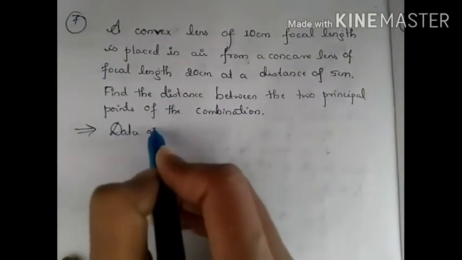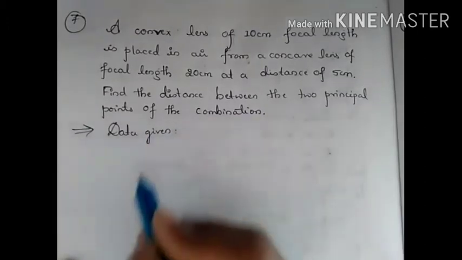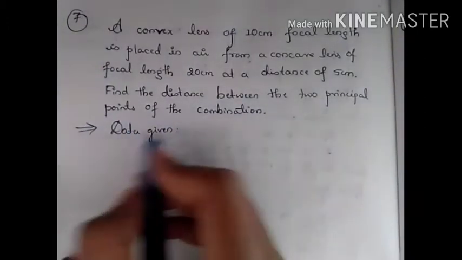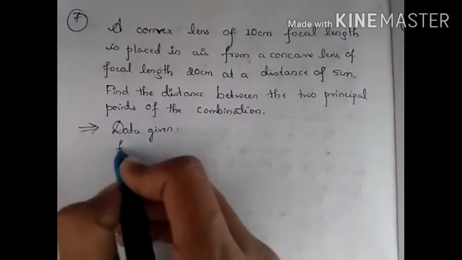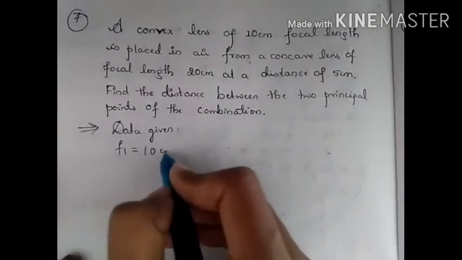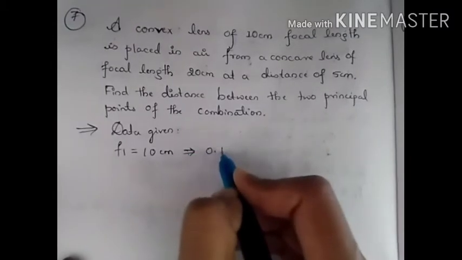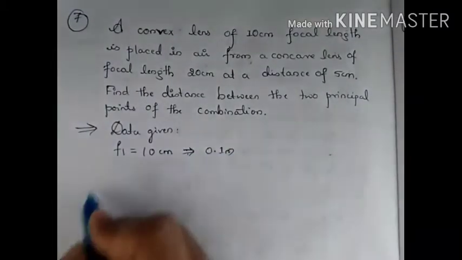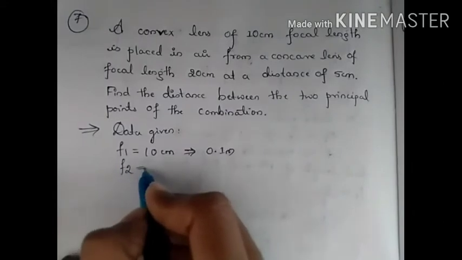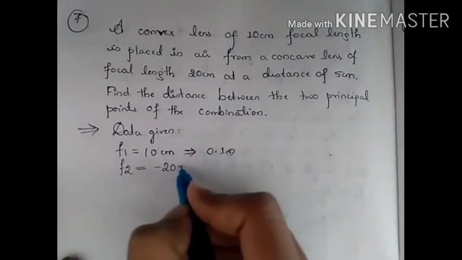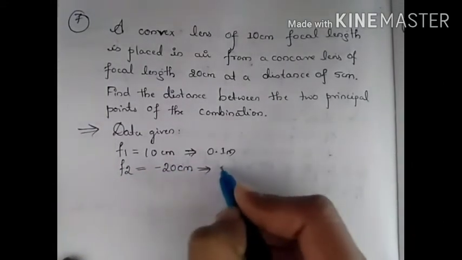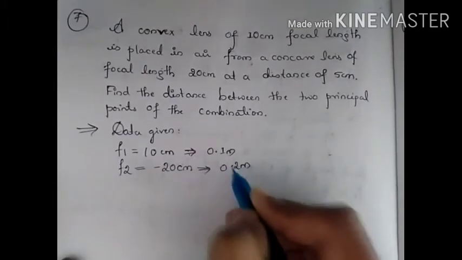Data given is: you have a convex lens of focal length f1 equals 10 centimeter, that means 0.1 meters. You have the focal length of the concave lens, that is minus 20 centimeter, that means minus 0.2 meters.